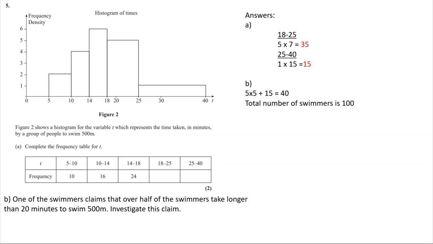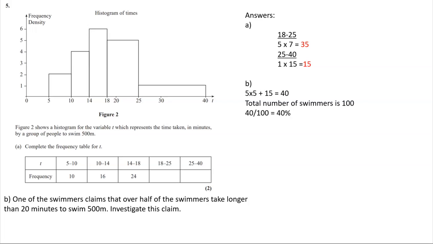The total number of swimmers is 100. So if we're comparing with a half, we want to compare this in proportion. So then we need to do a little calculation to justify it. Just working out that there's 40 isn't good enough. It will get you some credit, but it won't get you all the credit.